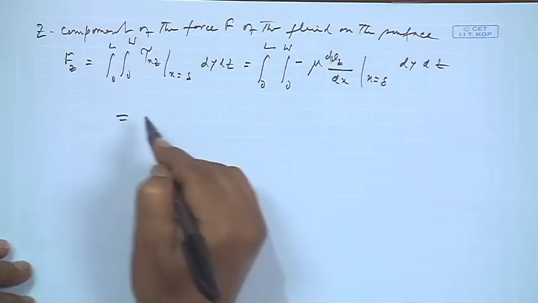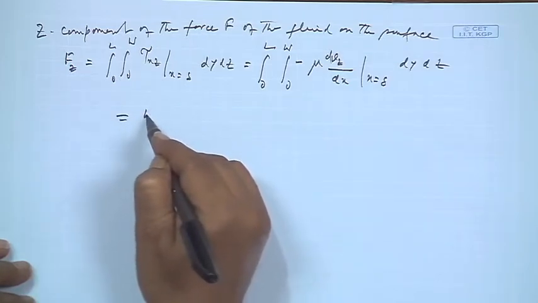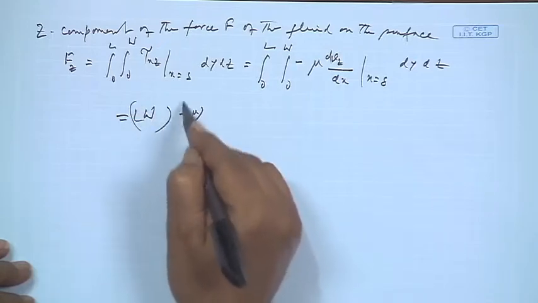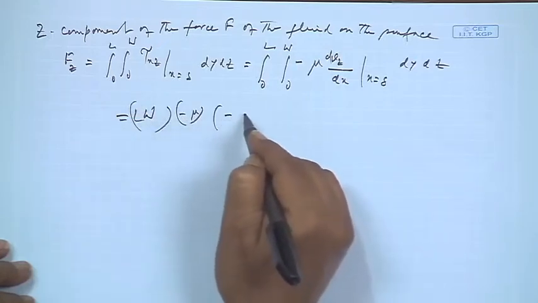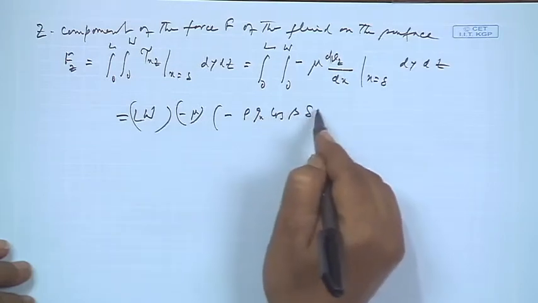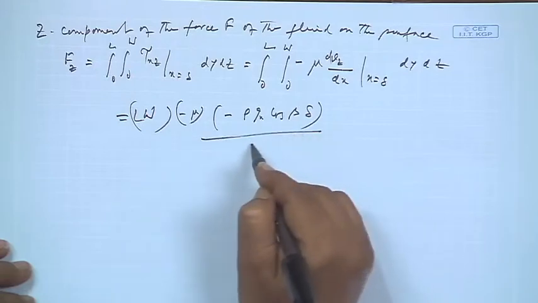This equals LW into minus mu into minus rho gx cos beta into del over mu.